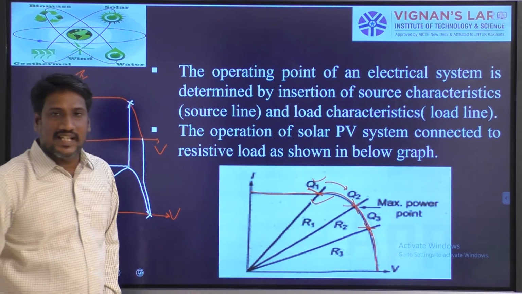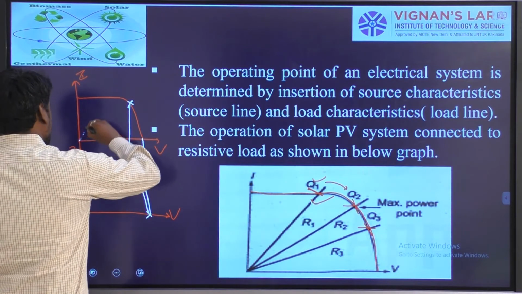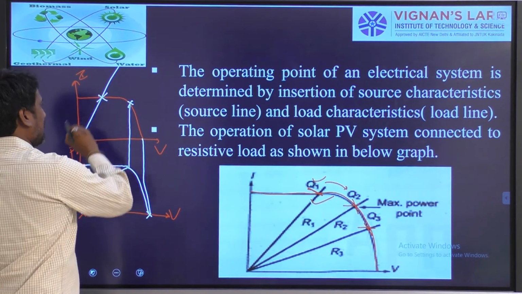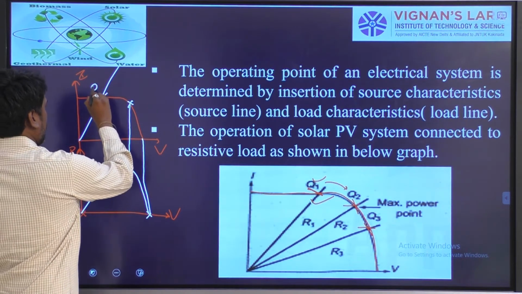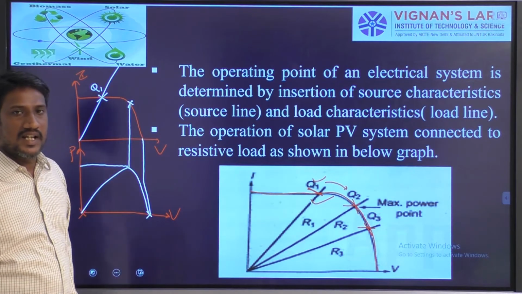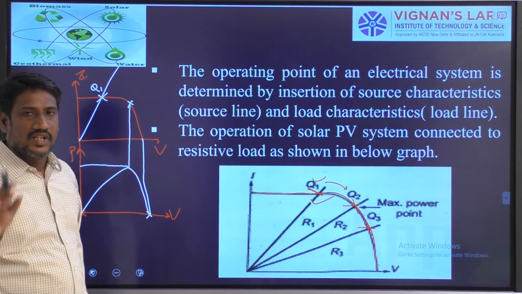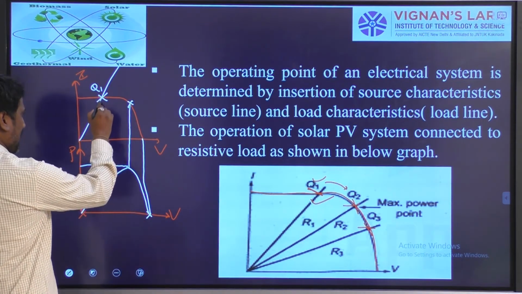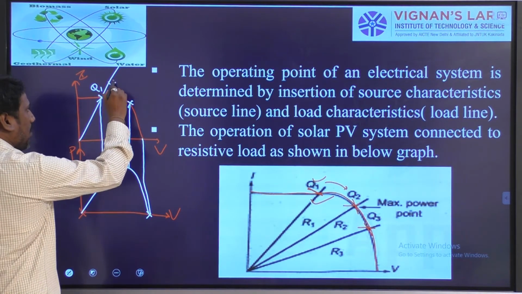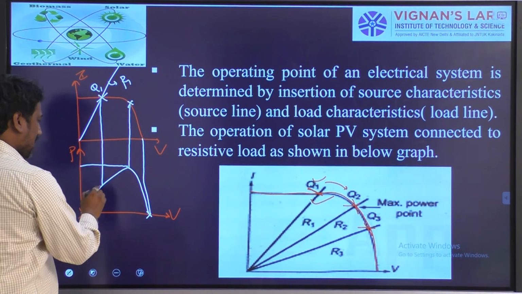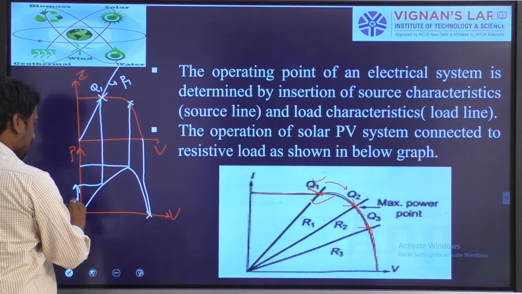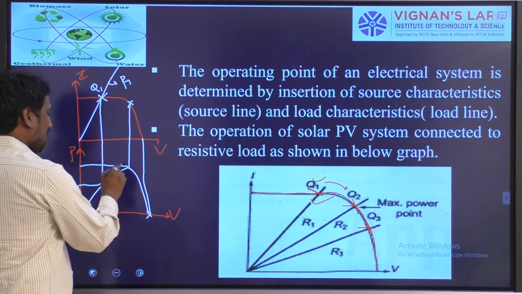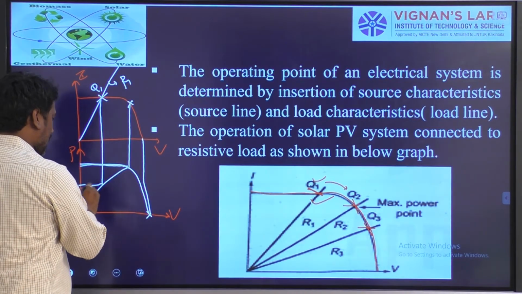If the resistance is R1, the curve will be like this. The intersection point I am calling the operating point, that is Q1. You can see for this particular load R1, the power available is only this much, whereas this huge amount of power is generated, but the load can utilize only this much.